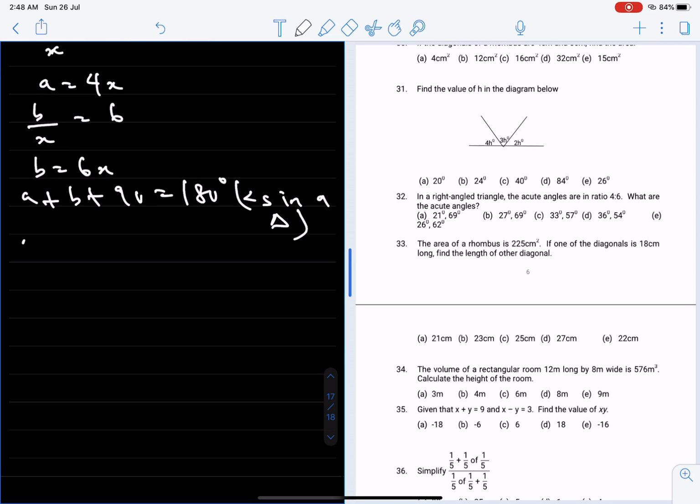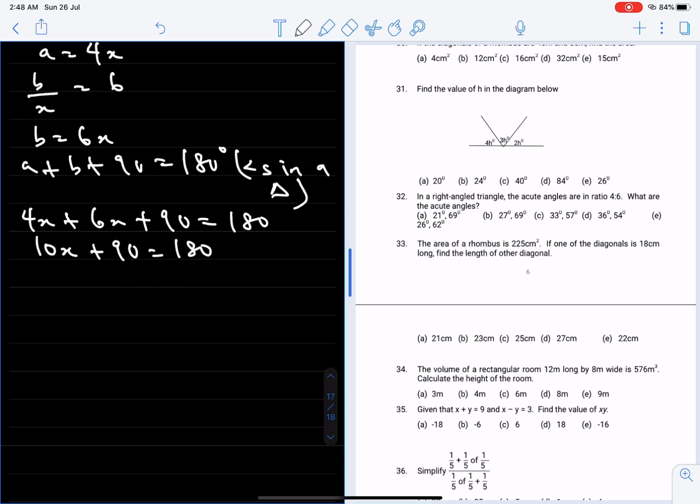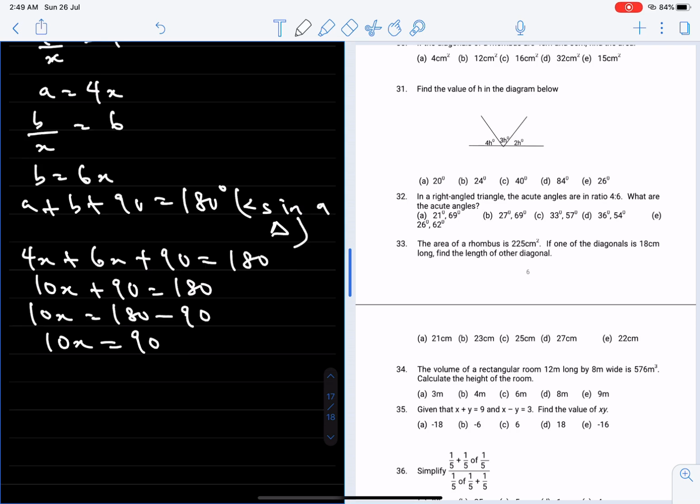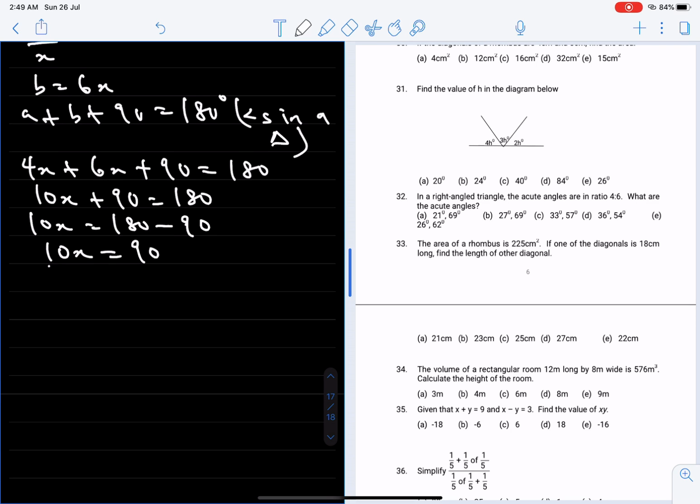So 4x plus 6x plus 90 equals 180, which means 10x plus 90 equals 180. And that means 10x equals 180 minus 90, so 10x equals 90. We divide both sides by 10, and that means x equals 9.